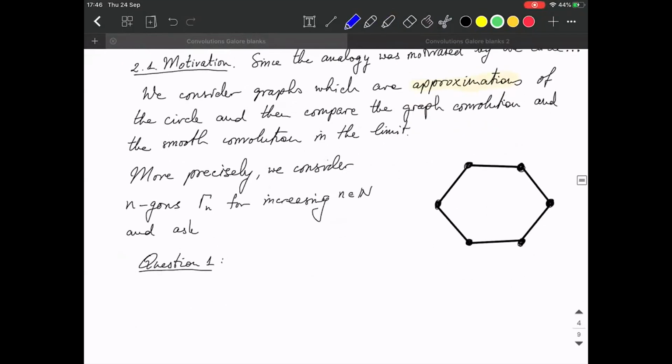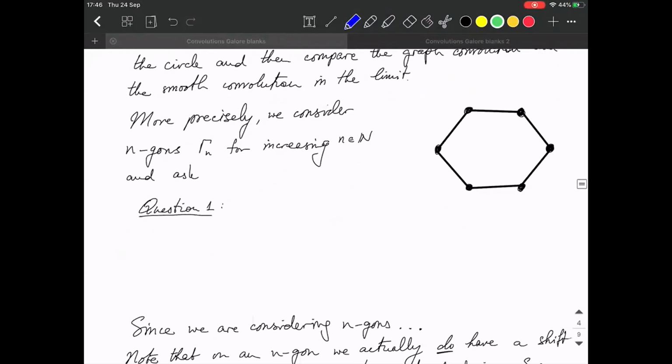Here is a more precise way to phrase this question. We also have to say which graph spectral convolution we're going to look at and ask about convergence, because they depend on this choice of basis.